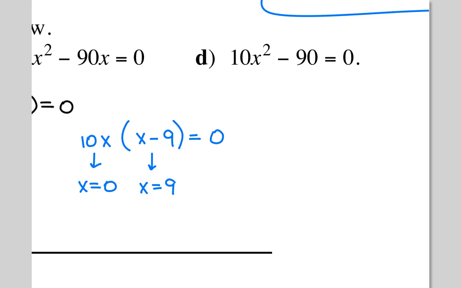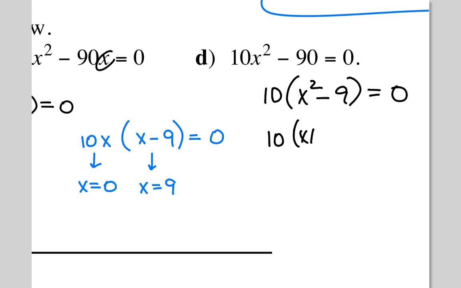Okay, and this one's going to be a little bit different because there's no x this time. Take out the 10 and you get x squared minus 9. And I love that they put this question right next to it because it's doing exactly what I just warned about. So the next layer of this factoring would be x plus 3 and x minus 3. Everyone's seen that one lots.